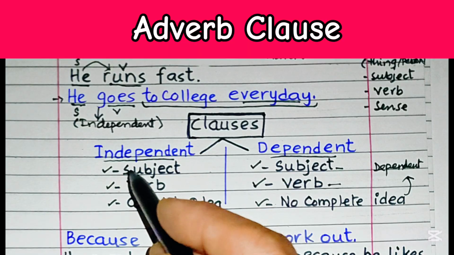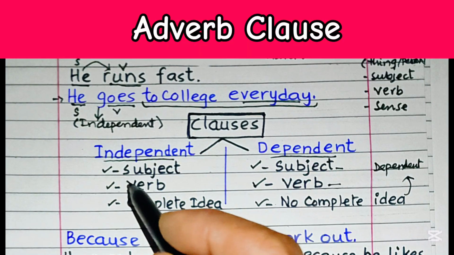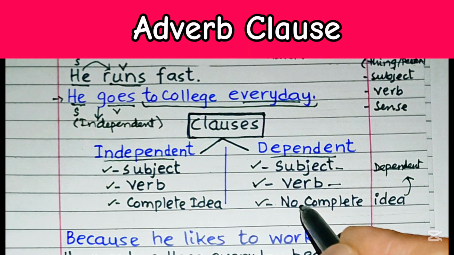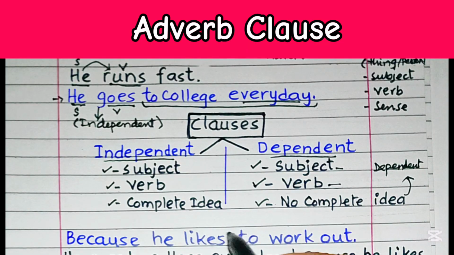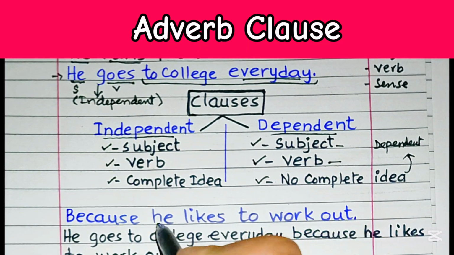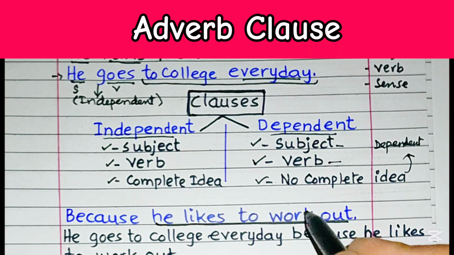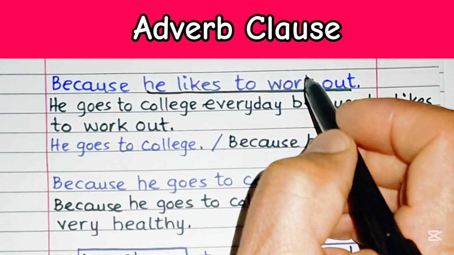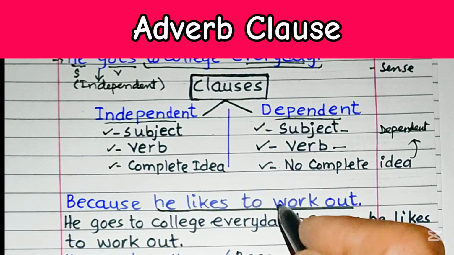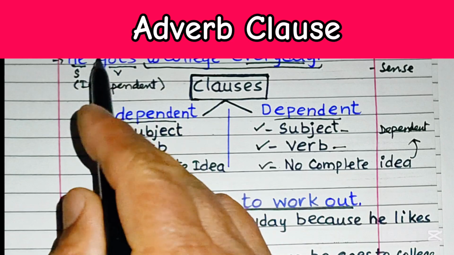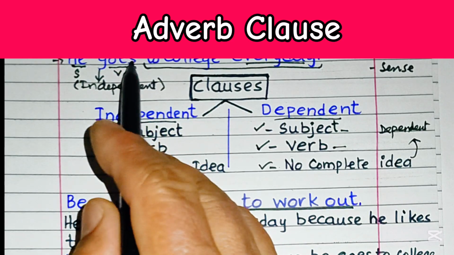So there is no complete idea here. If I say, "he likes to work out," how can we differentiate it from the previous example, "he goes to college every day"?